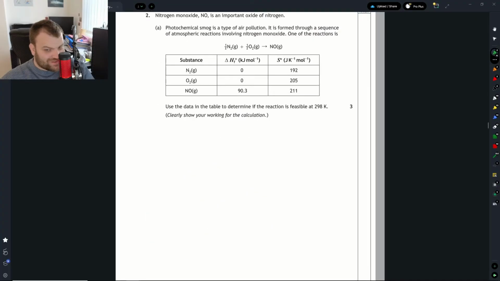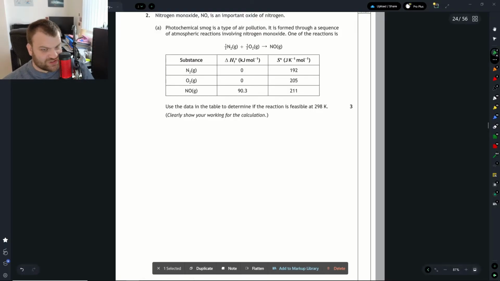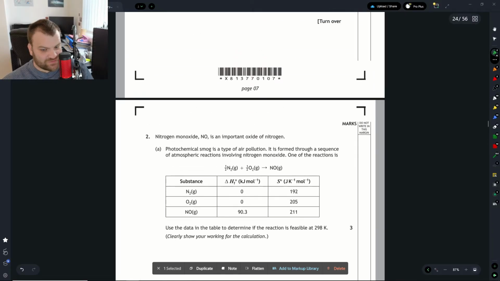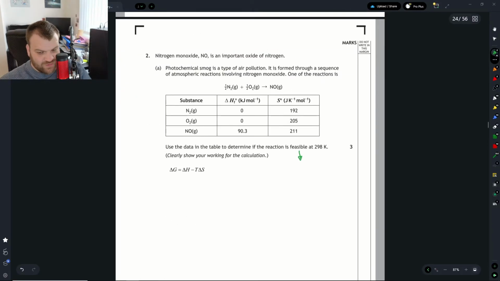Question 2 gives us the enthalpy change and also tells us about the entropy. This question is to do with feasibility, so we want to use our relationship delta G equals delta H minus T delta S. If the reaction is feasible, we will have a negative Gibbs free energy, so negative delta G. Start to put in our numbers that we've got.